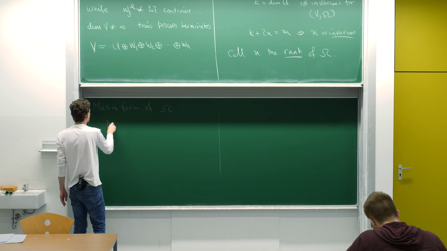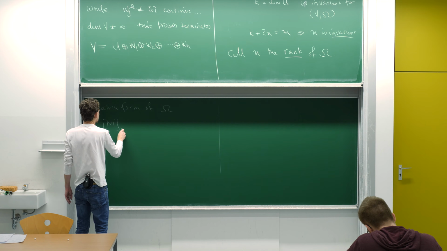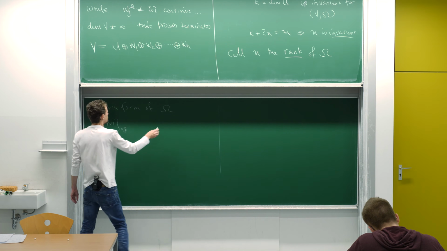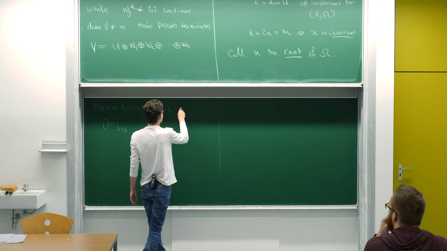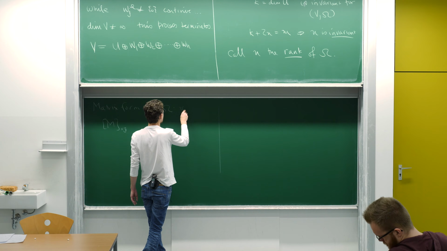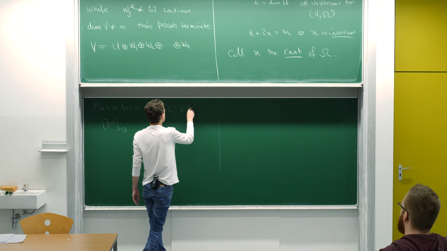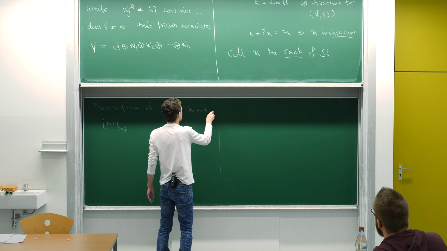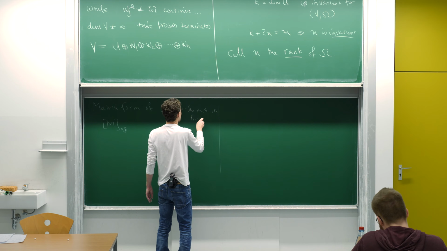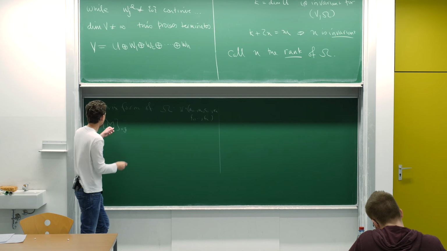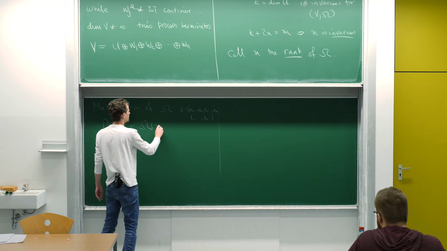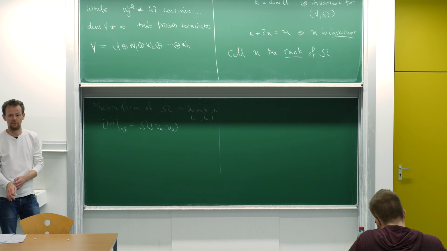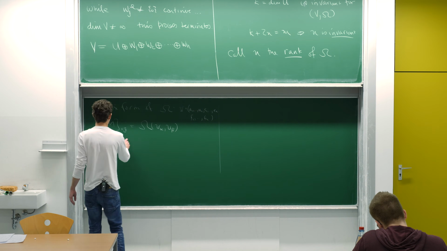So if I define V to be U1 through to UK, E1 through to En, and F1 through to Fn, then forming this matrix here, omega of V alpha, V beta, we see that omega has a very particular form as a matrix.